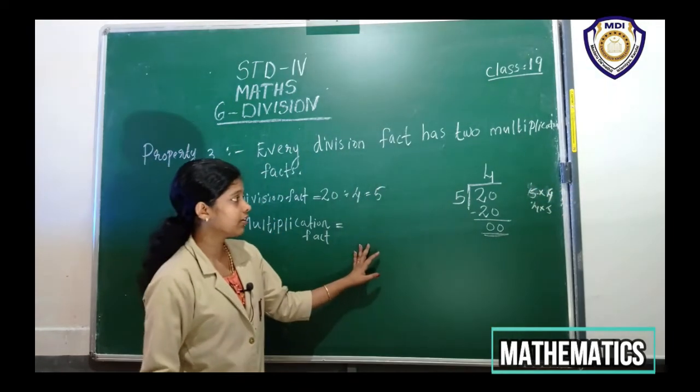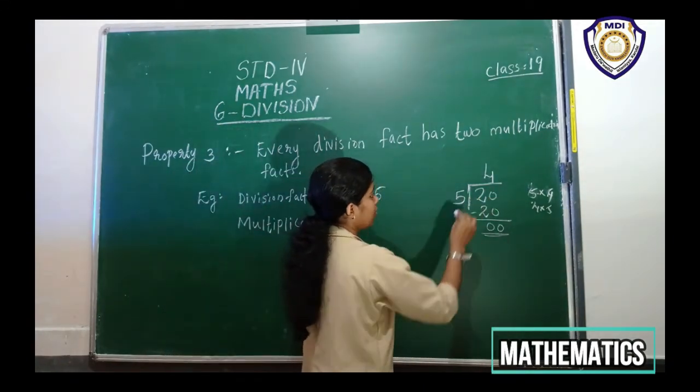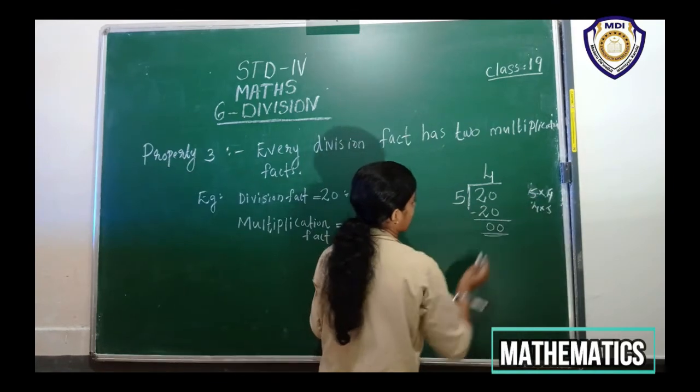Here 2 multiplication facts. One is 5 into 4.